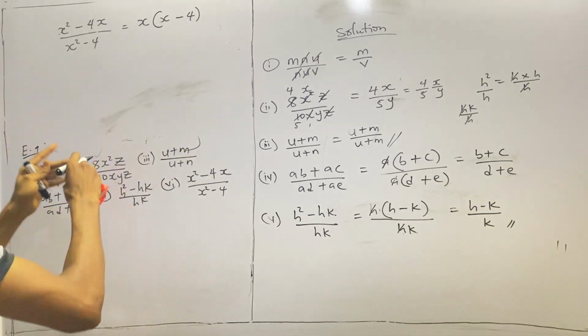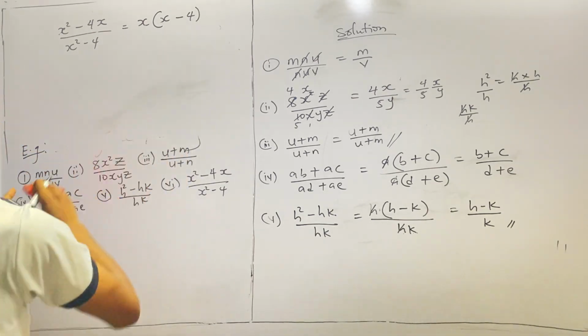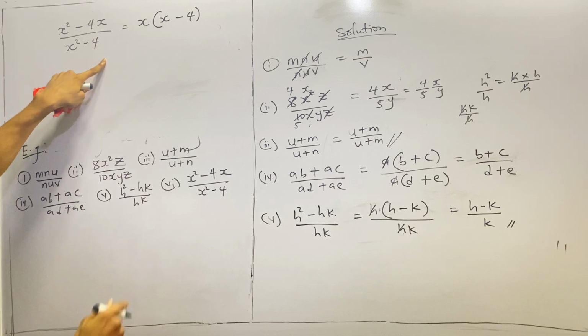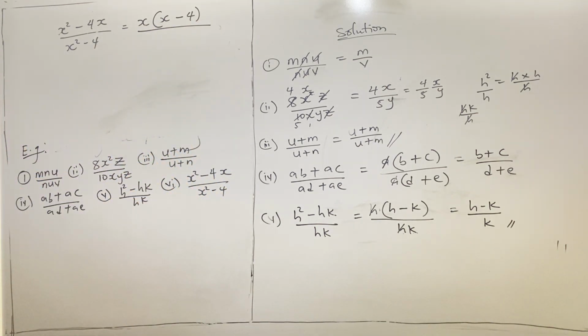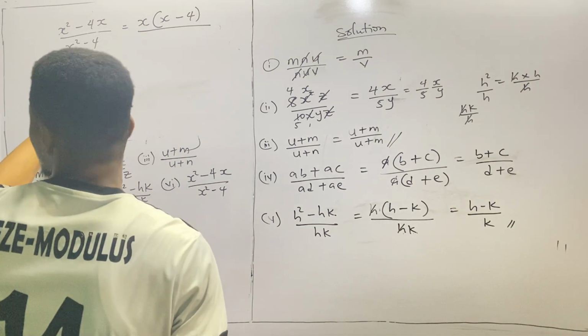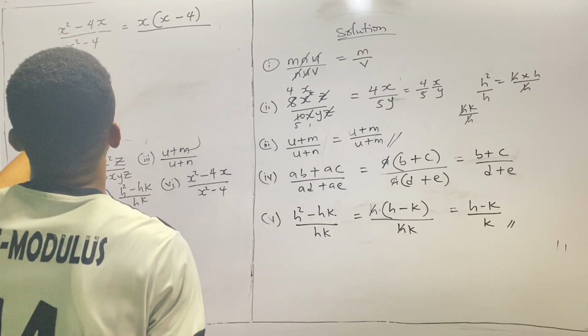So here, this is, of course, the difference of two squares. So this kind of question can't be simplified enough, right?